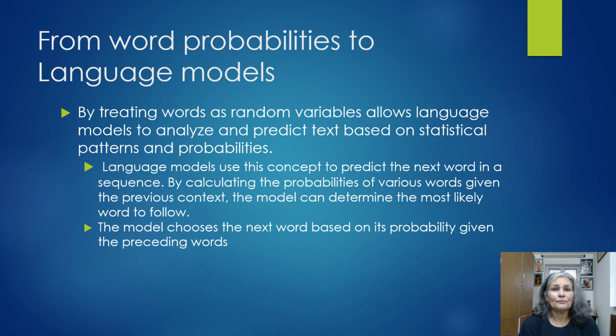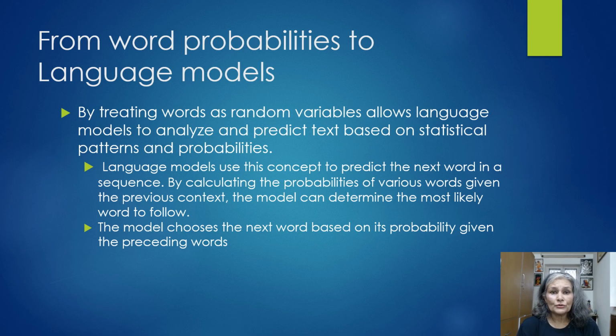This is just a simple overview of how language models function. Treating words as random variables allows us to analyze and predict text based on statistical patterns and probabilities. Now, learning all these complex statistical probabilities and different combinations is something which was enabled by deep learning and something known as the transformer architecture.